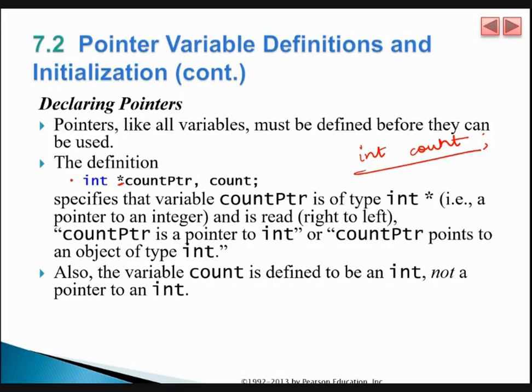Okay, so what this line is saying is that count pointer is a pointer to integer. It is a variable which will store the memory address of a variable which is of integer type.